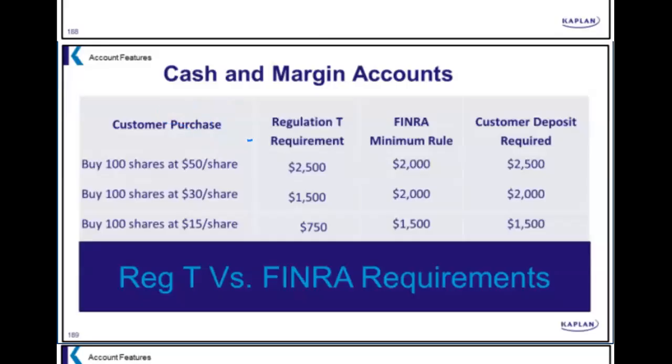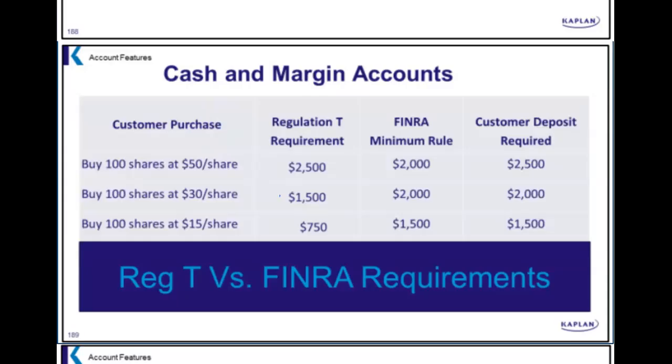Then we have buy 100 shares at 30 a share. That's 3,000. Reg T says $1,500 must be deposited, but it does not meet the FINRA minimum requirement. Therefore, the customer would have to deposit a minimum of $2,000 for this trade, meaning they could only margin $1,000 of this trade.